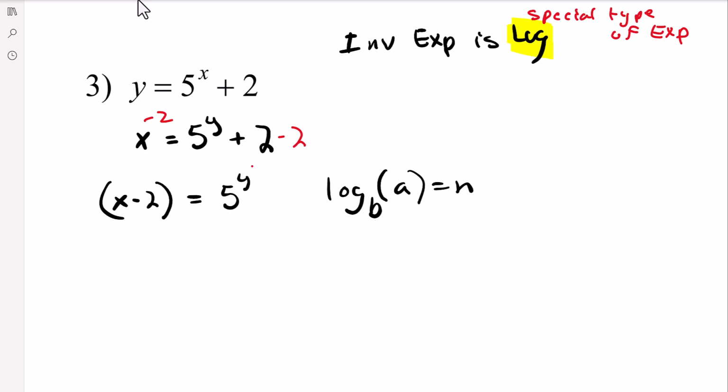Here's the exponent. Here's the base. Here's the argument. So log base 5, the argument x subtract 2, is equal to y, and then we're going to put inverse notation. All right.